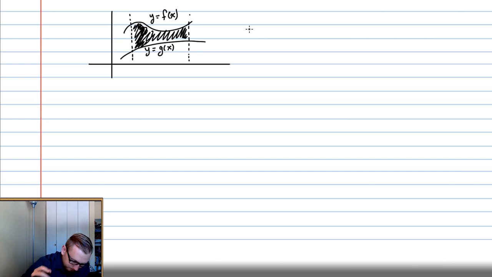So this area will be the integral from a to b of f of x minus g of x. I even wrote it the same as the textbook.